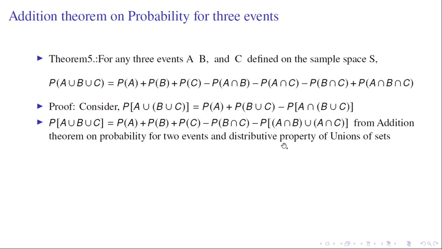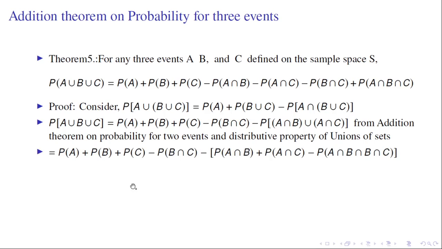This is the distributive property of union of sets. Simplify this: probability of A, probability of B, probability of C, probability of B intersection C.